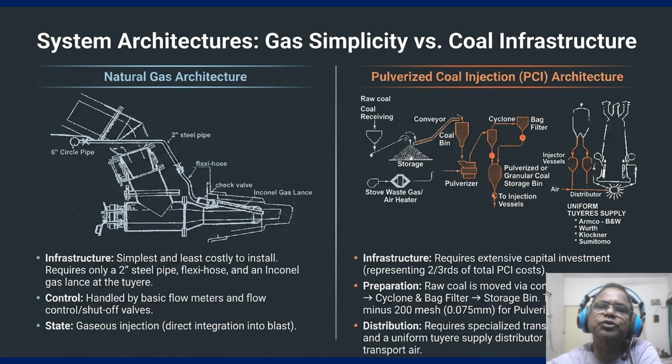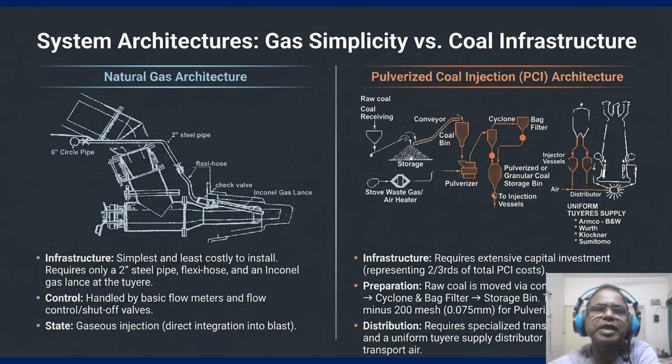It must be pulverized to 80% minus 200 mesh, as we all know. So what factor is operational overhead? While gas is set and forget, PCI requires a specialized transfer vessel and uniform supply distribution to prevent clogging. So you are trading low raw material cost for high maintenance and capital intensity.